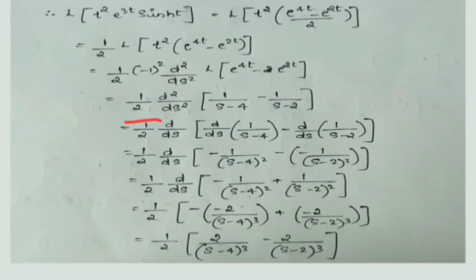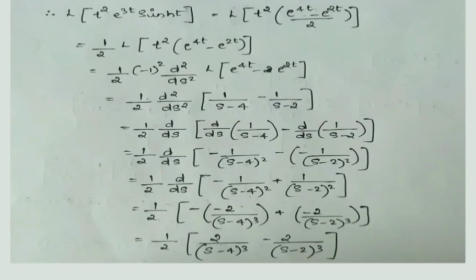Therefore, 1 by 2 d square by ds square, and Laplace of e raised to 4t will be equal to 1 by s minus 4, and Laplace of e raised to 2t will be equal to 1 by s minus 2. Therefore, 1 by 2 d square by ds square into (1 by s minus 4 minus 1 by s minus 2).